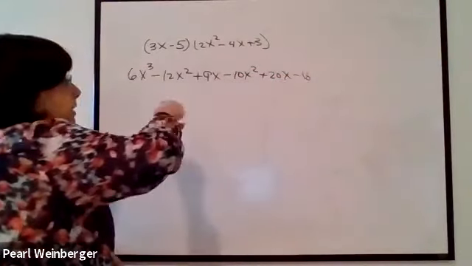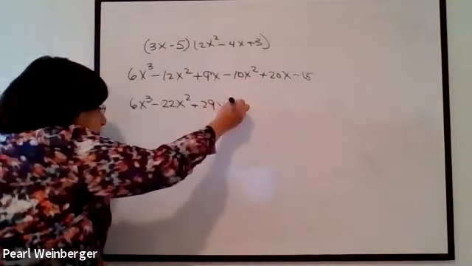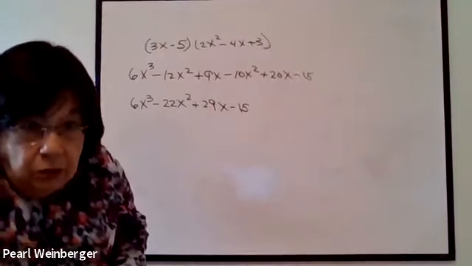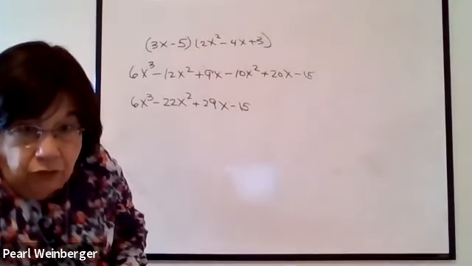There's the 6x to the third, then the negative 12x squared and the negative 10x squared, which combine to negative 22x squared. Positive 9x and positive 20x gives us positive 29x, and minus 15. And that should have been your answer in simplest form.